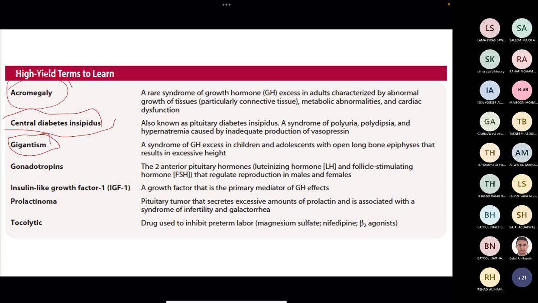This is called peripheral or nephrogenic diabetes insipidus, while the neurogenic central type is related to a deficiency of antidiuretic hormone. Diabetes mellitus is the name for sugar diabetes.